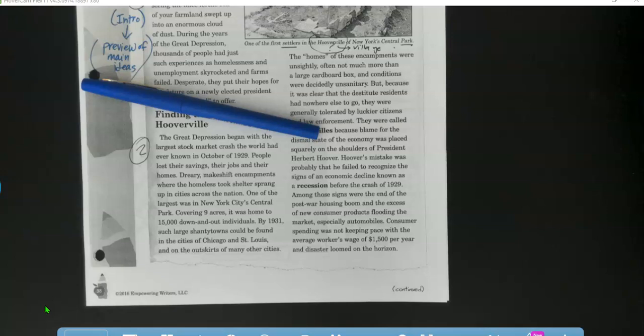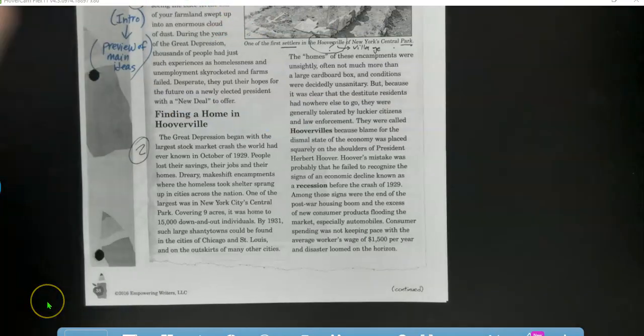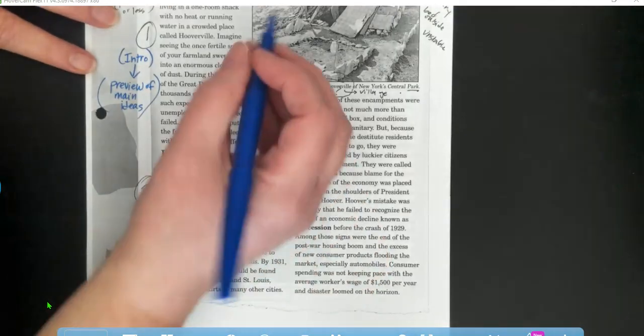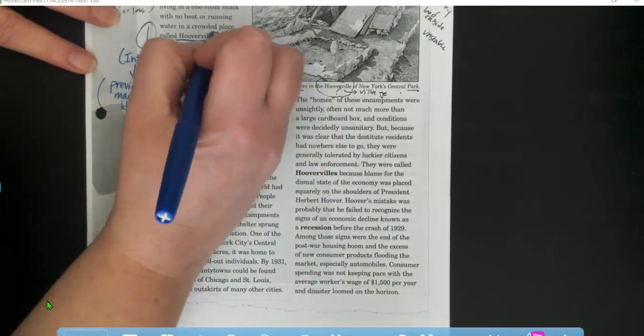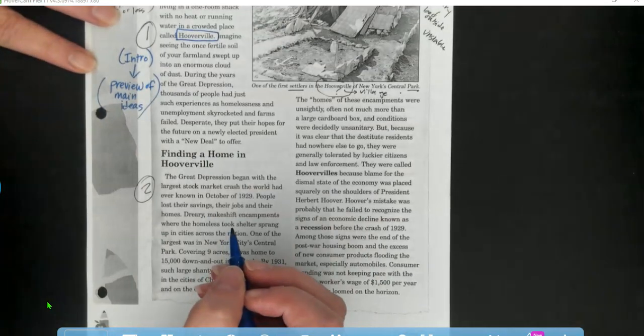One of the things I already noticed in the introductory paragraph, they referred to something called a Hooverville, right? So a Hooverville, they referred to it up in the first paragraph. Go highlight or circle it in the first introductory paragraph. Okay, so you noticed in the introductory paragraph, they used the word Hooverville.